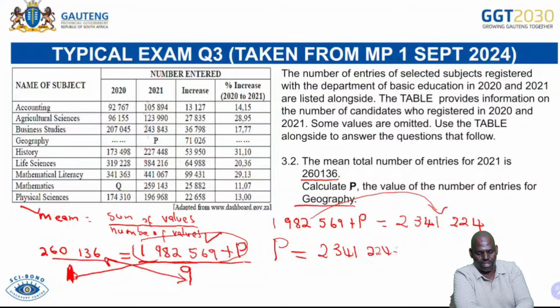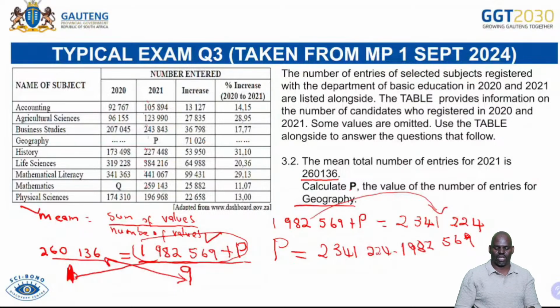Then I will say therefore P equals, now I'm taking this to the other side, 2,341,224 minus 1,982,569. So I'm just going to subtract 1,982,569.